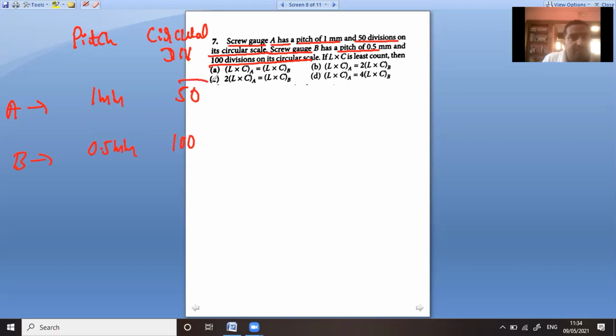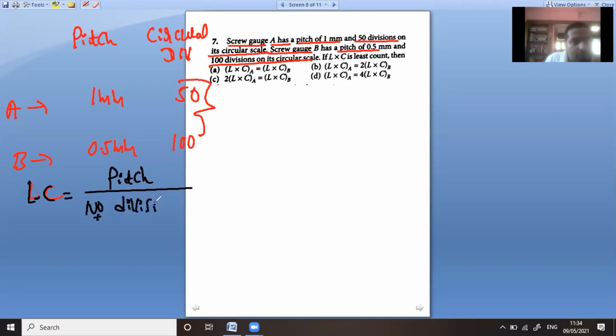So now what is the relationship between these two? What is the formula for the least count of a screw gauge? Least count is equal to pitch divided by the total number of divisions on the circular scale.